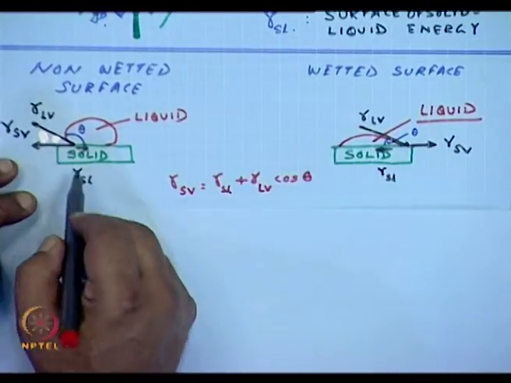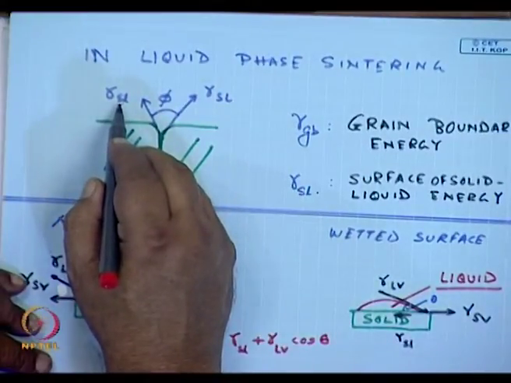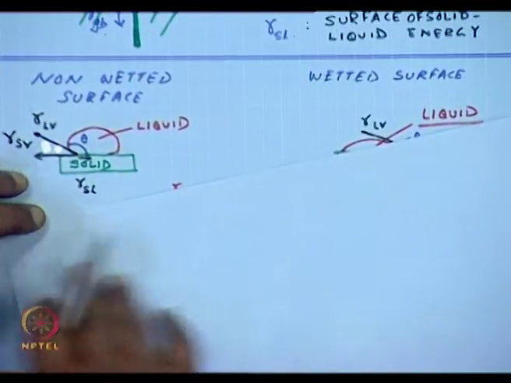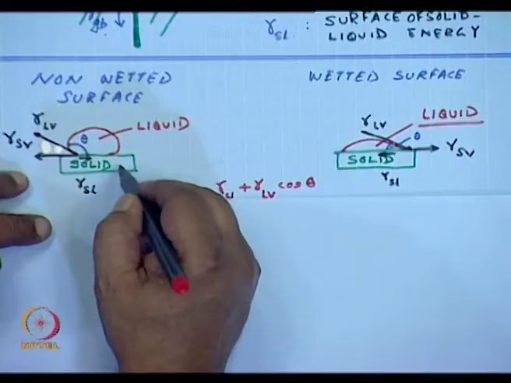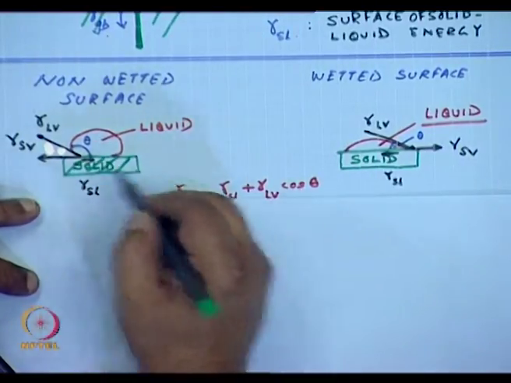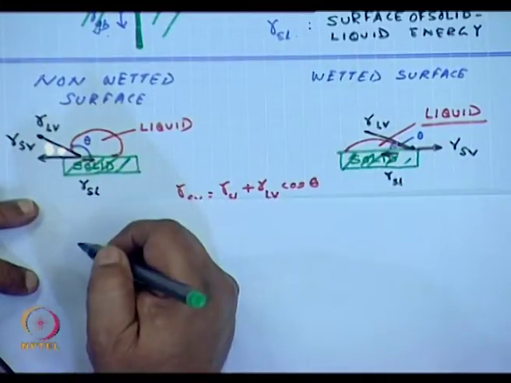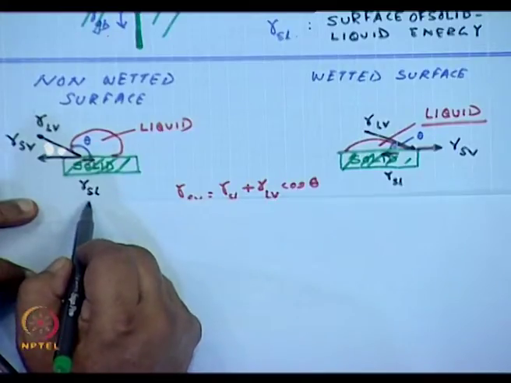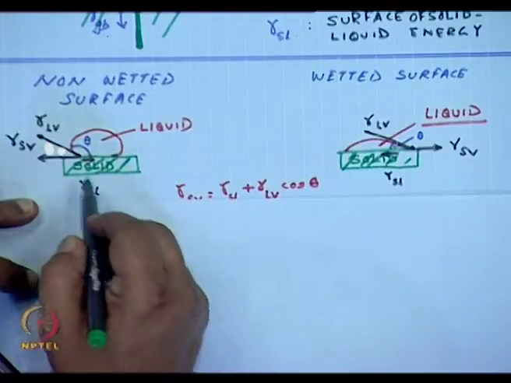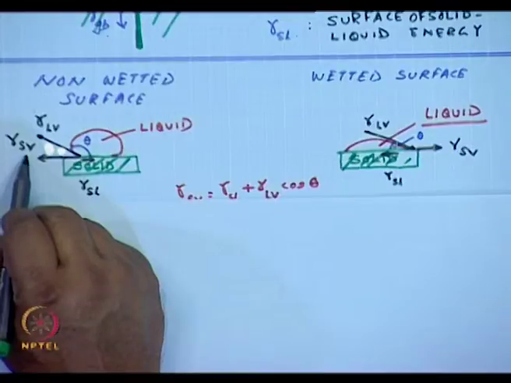Now, here we had the surface solid liquid free energy, as I had stated over here. On any grain, this solid is the grain, and this is the liquid that is forming. We still have the gamma SL, the solid liquid energy, but again we have the solid vapor also.